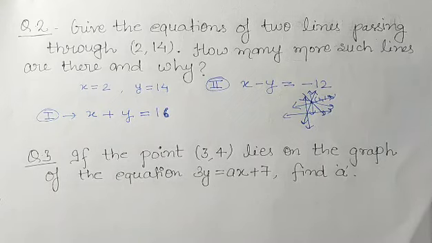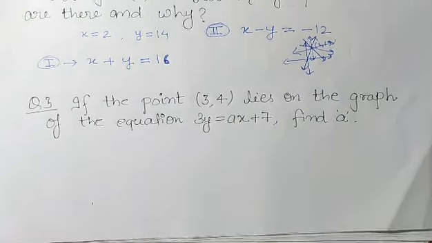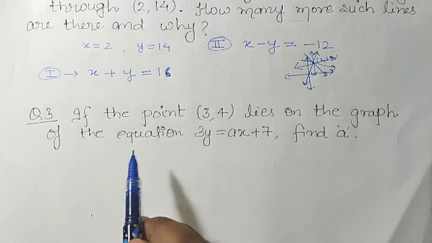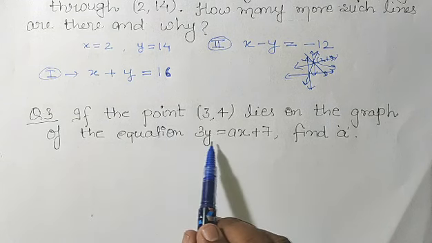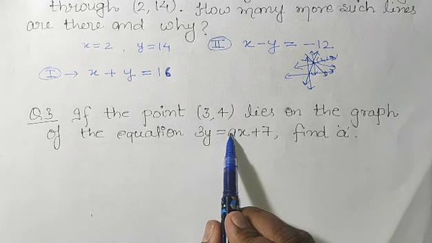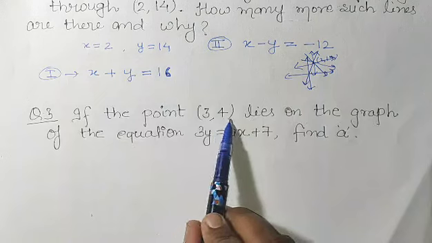Now coming to the next question, question number 3. If the point 3, 4 lies on the graph of the equation 3y is equal to ax plus 7, find a. So see, students, it is given that for this line 3y is equal to ax plus 7, where a is unknown, this line is passes through 3, 4.